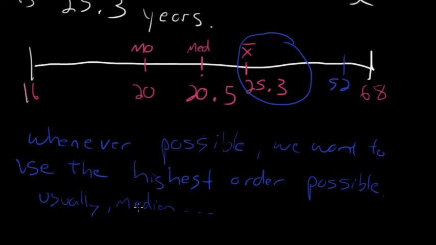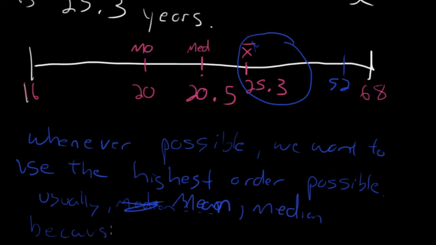I'm sorry, it's usually the mean. And this is our mean. But in this case, it's the median because we actually have highly skewed data from the extreme scores.